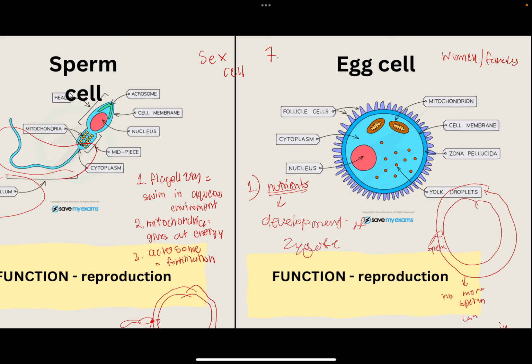So the egg cell is there, and then sperm comes in. If sperm comes in, what happens? A hard layer is formed, which will make the egg harden, so no more sperm can come in. It is like, no, we're already booked, so there's no more reservation. It's like that for the egg cell. And what does the egg cell have? The egg cell has nutrients. Why do we need nutrients? So the zygote, when it further divides into an embryo, can have nutrients to grow.